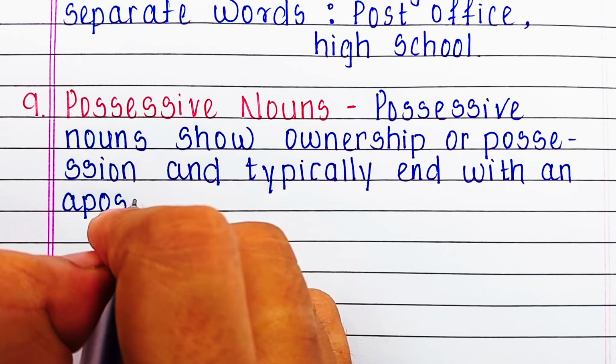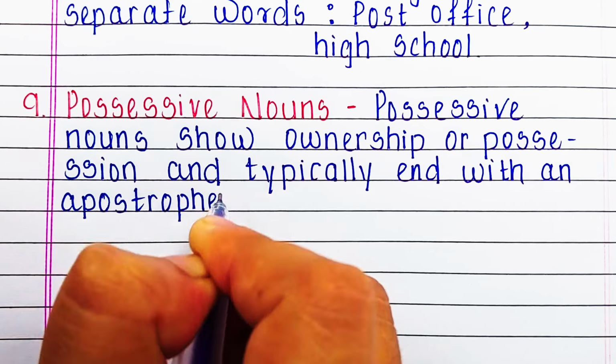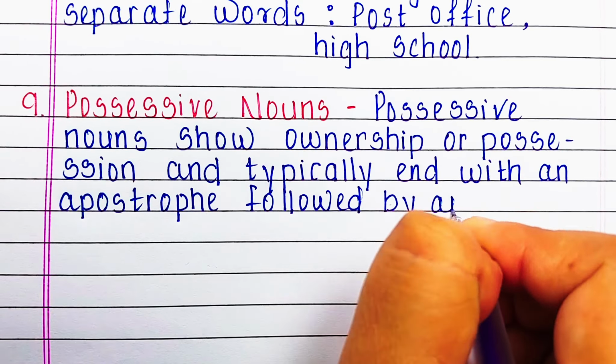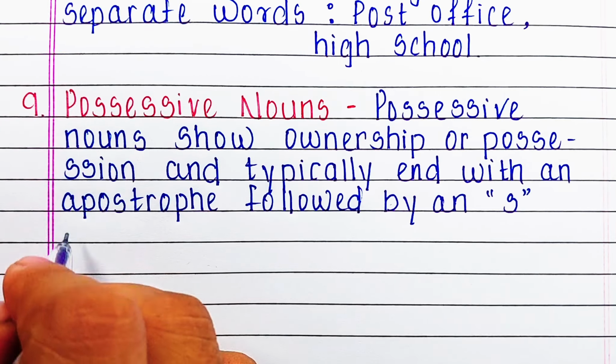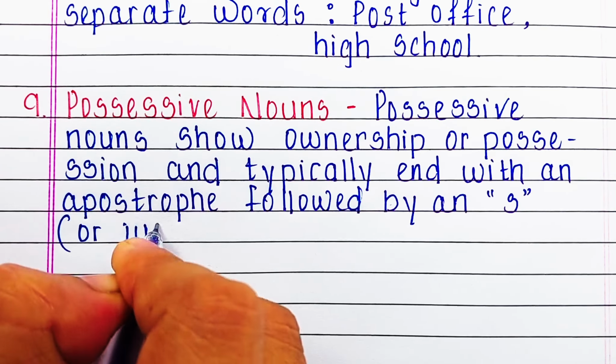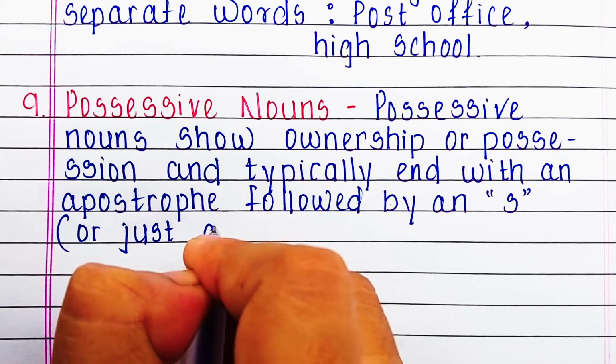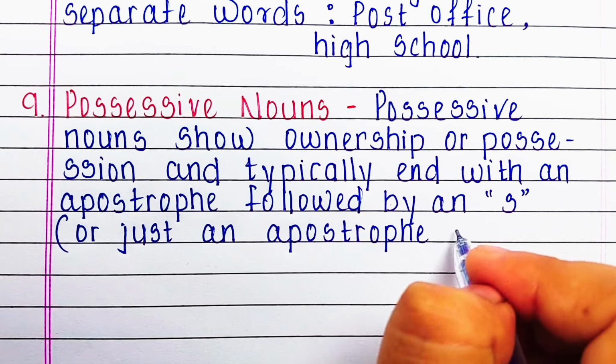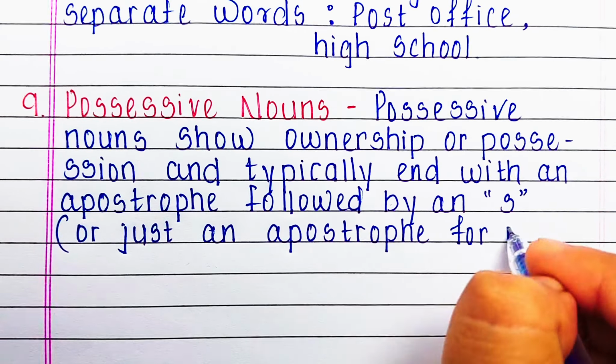Possessive nouns show ownership or possession and typically end with an apostrophe followed by an S, or just an apostrophe for plural nouns.